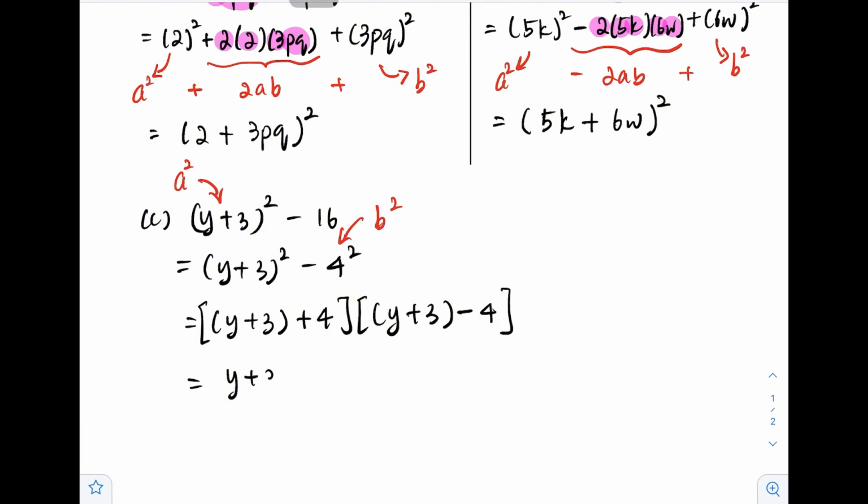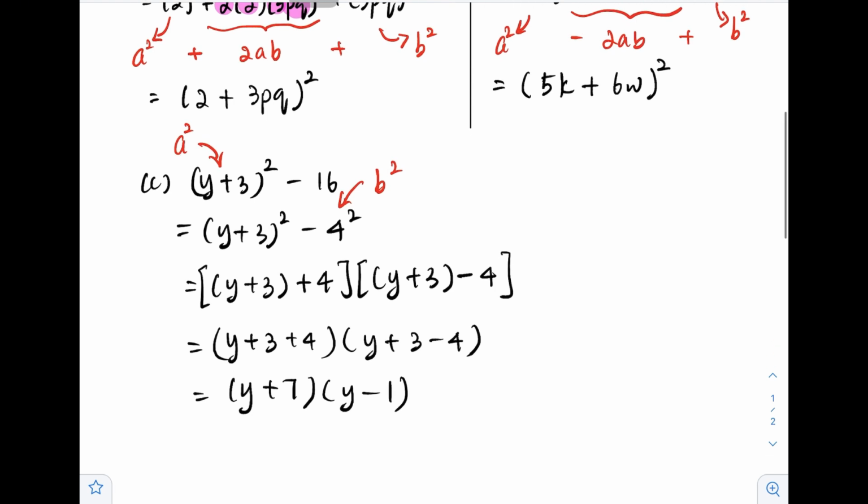So we have y plus 3 plus 4, and we have y plus 3 minus 4. So let's collect our like terms together, which are our constants, 3 plus 4 to get 7, and 3 minus 4 to get negative 1. So our final answer is (y plus 7) times (y minus 1).